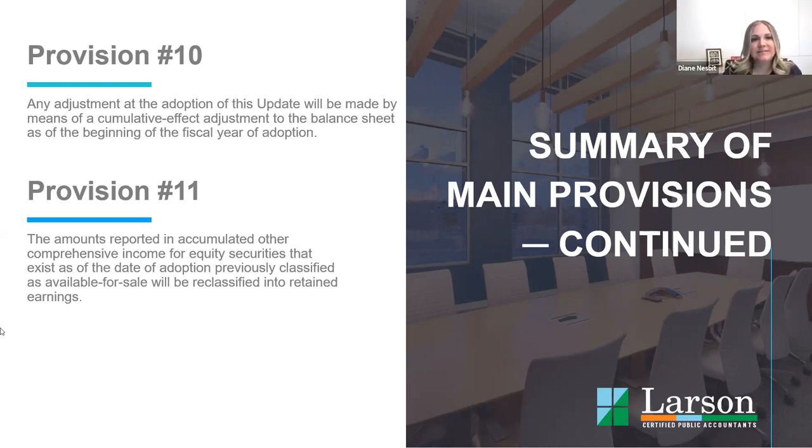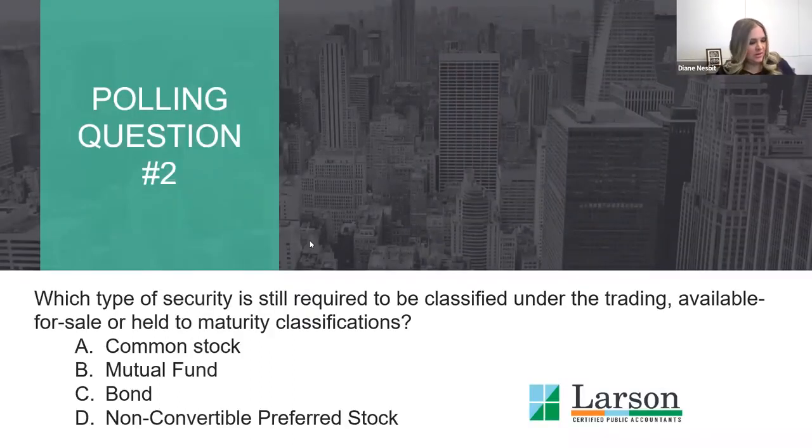Okay, next slide. I think this is our polling question. All right, so which type of security is still required to be classified under the trading, available for sale, or held to maturity classifications? Is it A, common stock, B, mutual fund, C, bond, or D, non-convertible preferred stock?